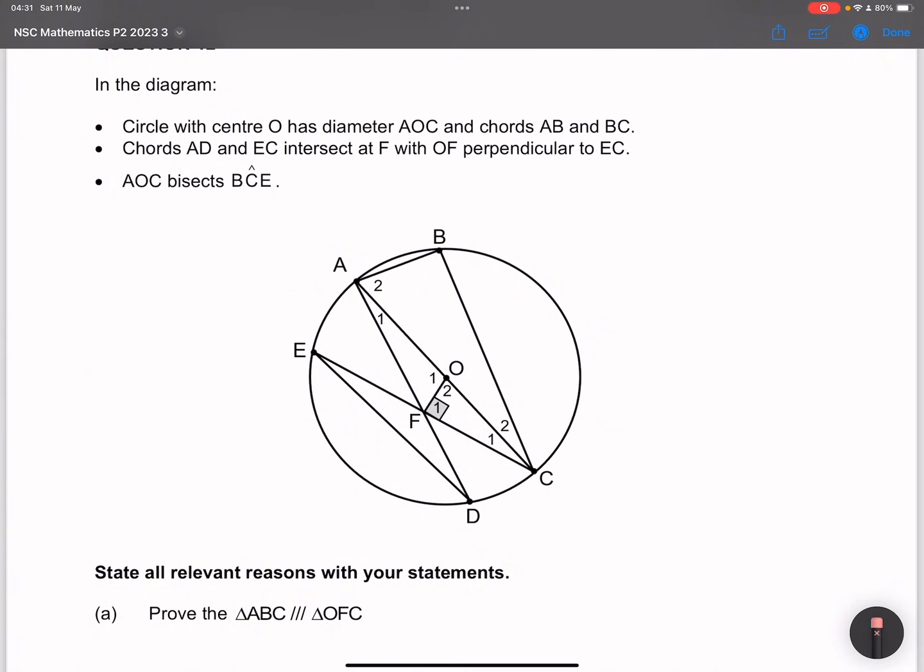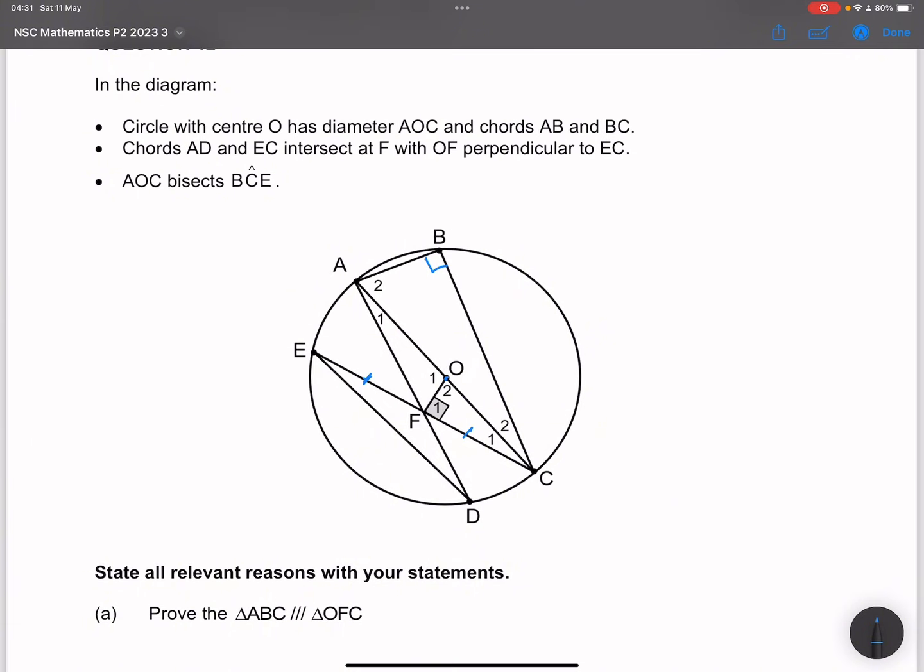We've got center O, so AC would be a diameter. So that means angle B is 90 degrees. And I know that a line from the center perpendicular to a chord bisects it, therefore FC would be equal to EF.